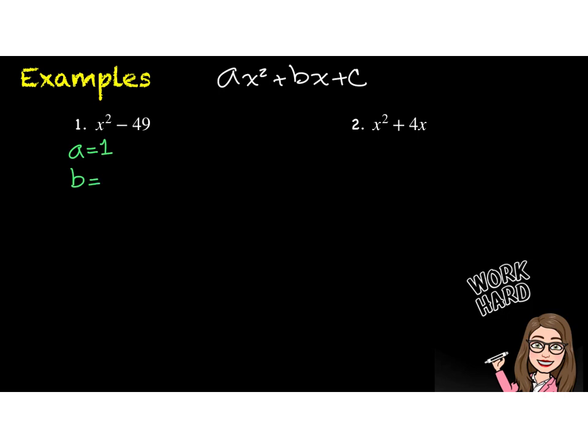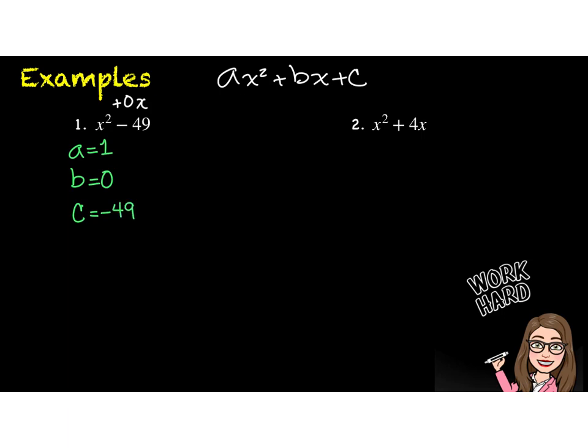What is B? B is always the number next to the regular x. Here, there's none. Why is that? Because we can say that here we have 0 x's. So we know that B is 0 because there are no x's. And then at last, what is C going to be? C is always the number without a variable. In this case, I have a negative 49.